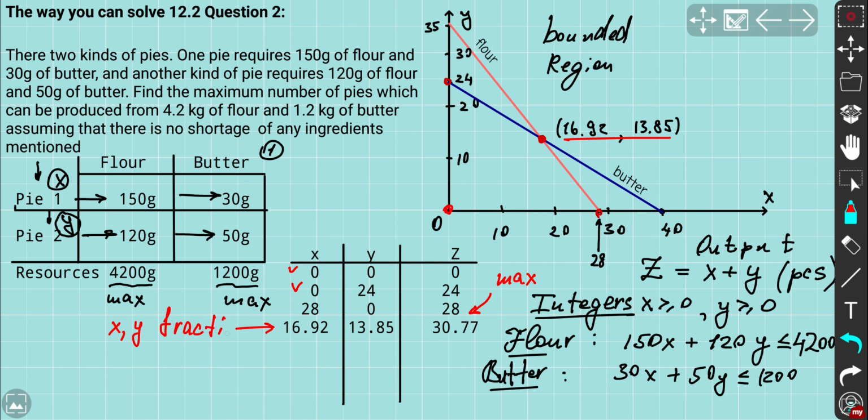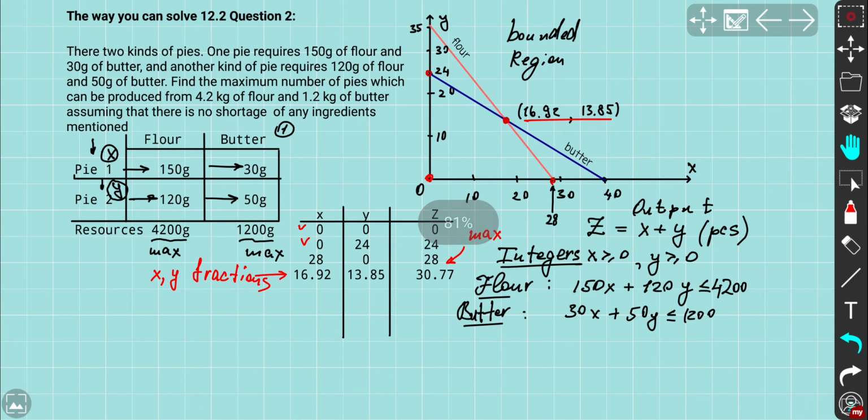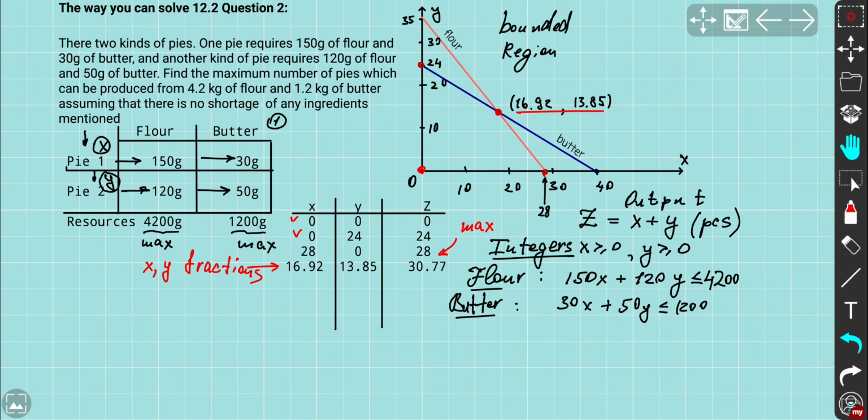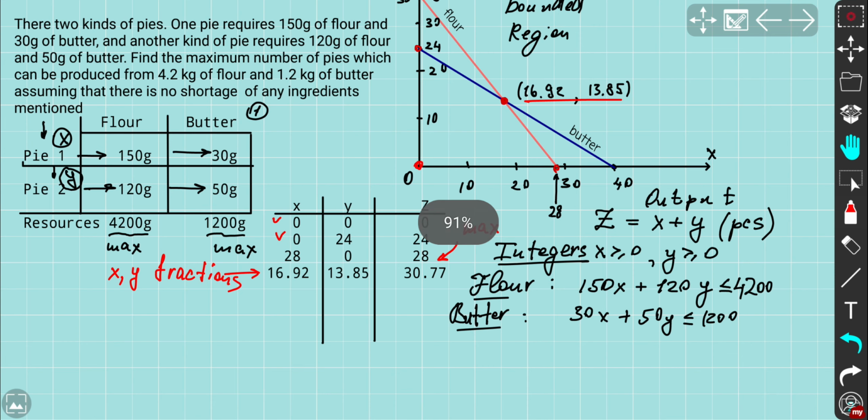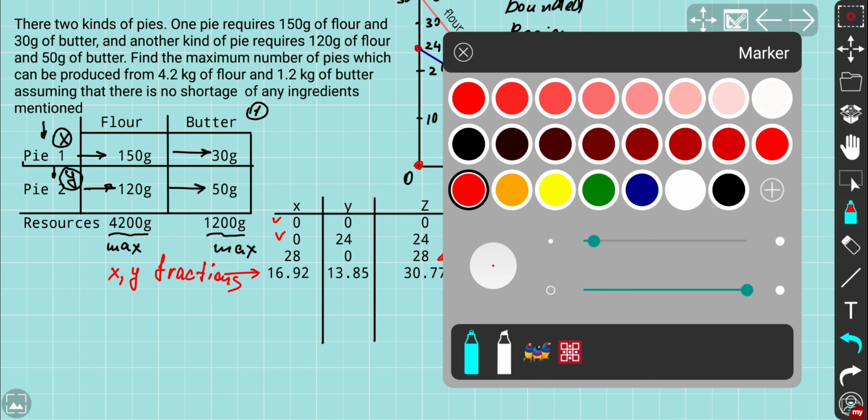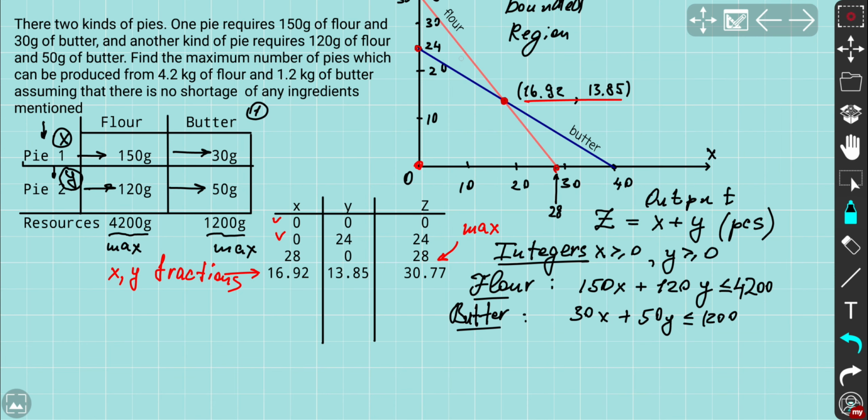So what it means, we need to redo that. We need to test our z function so that it's going to be integers.